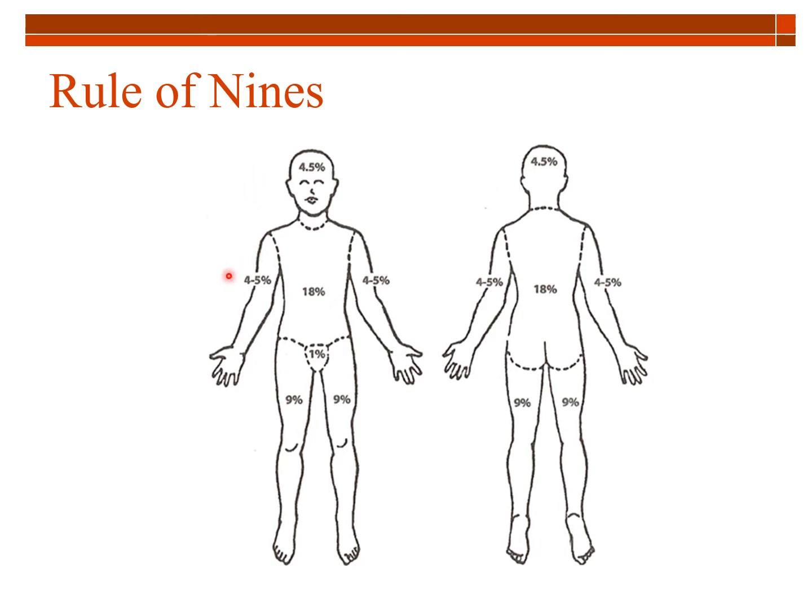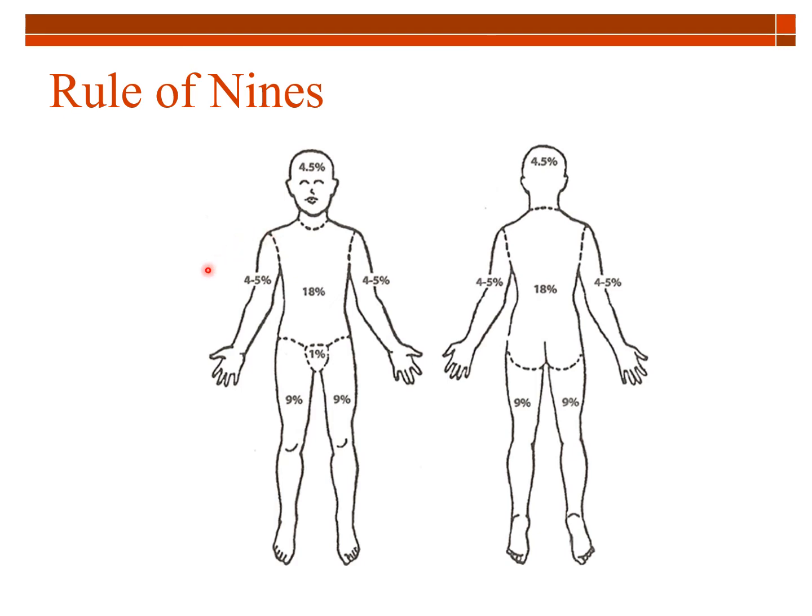Each arm with its hand is 9% of body surface area. Okay, so each arm, both front and back, is 9% of body surface area. If they only mentioned the front of an arm, then it would be half of 9%, or somewhere between 4 and 5%.